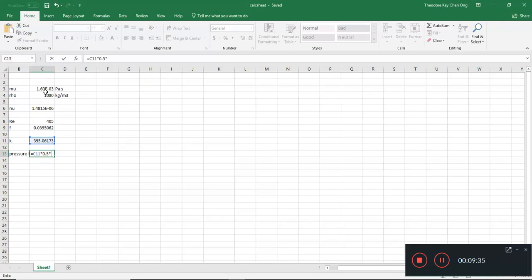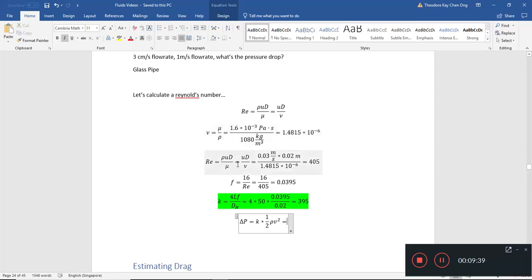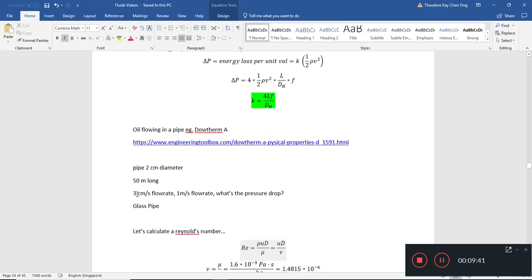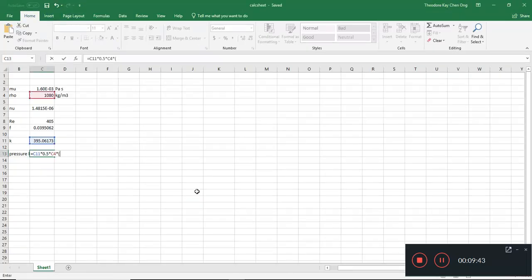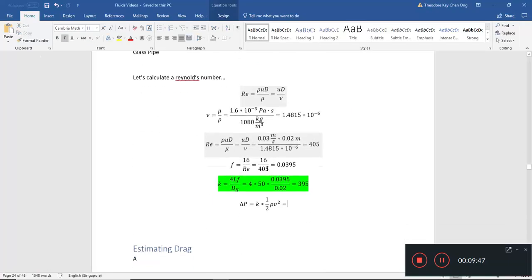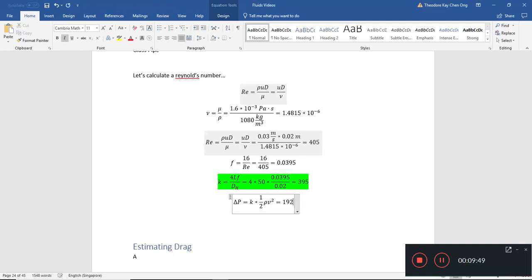Rho is here, 1080. What's V squared? V is, in the first case, 3 cm per second, so 0.03 squared. 192 Pascal. Okay, so laminar flow is pretty simple.